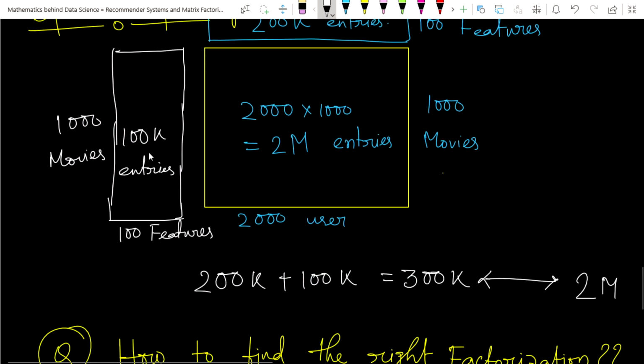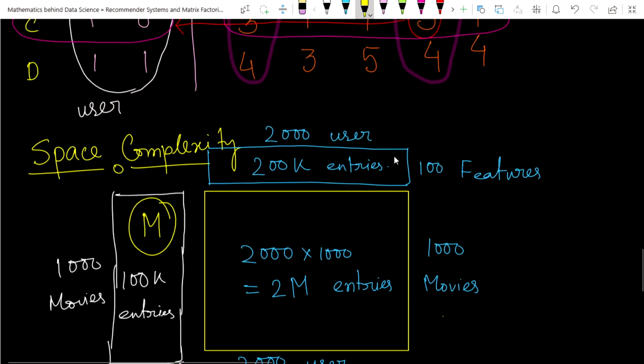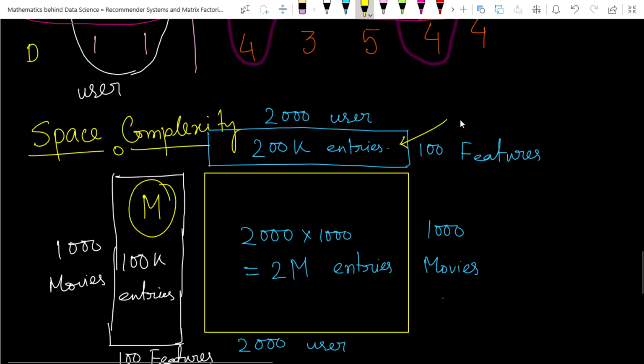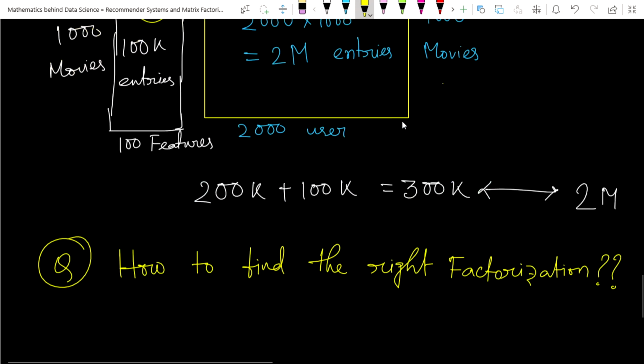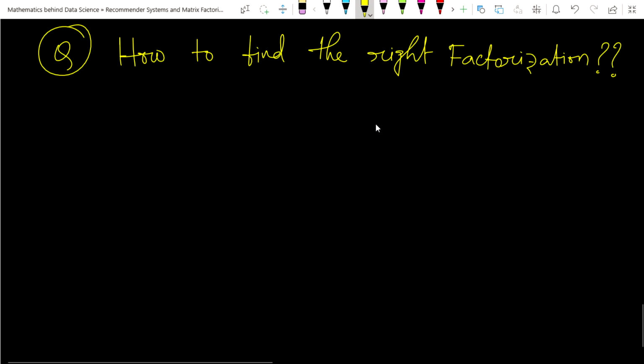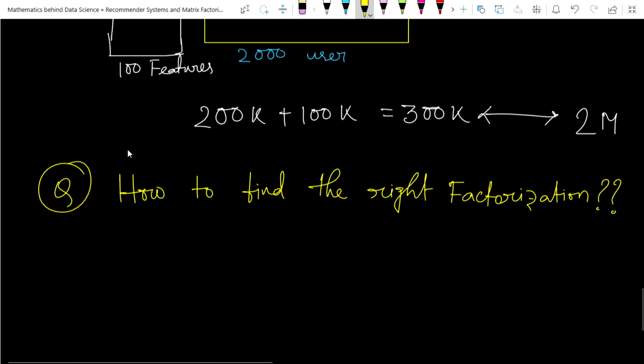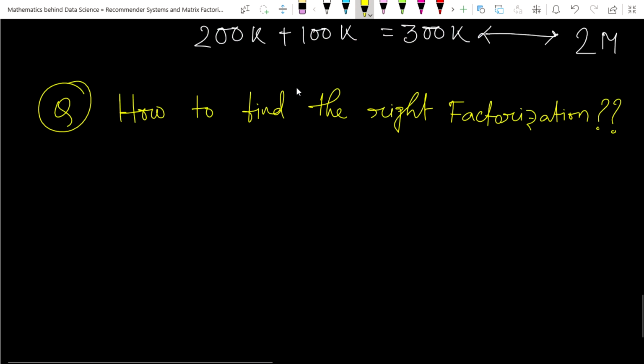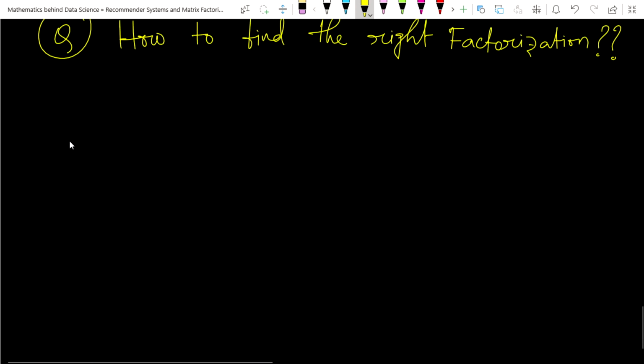Suppose this is the movies matrix, I am denoting it simply by M, and this is the user matrix, denoted by U. So I will command the computer: give me these randomized matrices. Yes, the computer gives us matrices M and U, and now we will multiply these two matrices, M dot U, with some transpose, and make the big matrix.